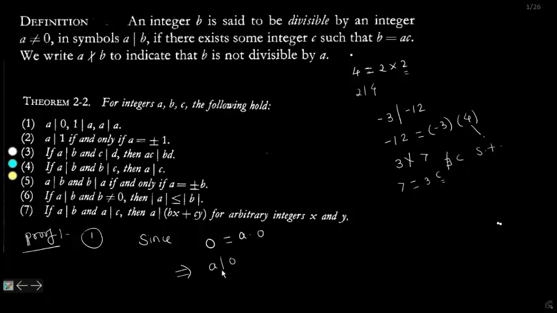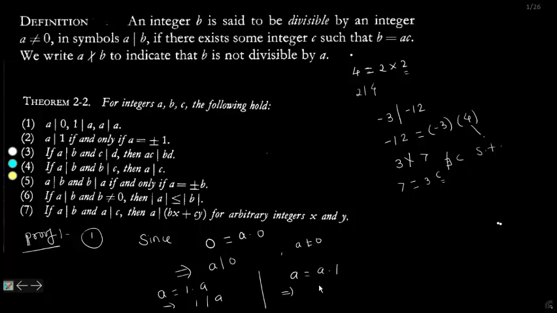Here a is not equal to 0. And again we can write a equal to 1 into a. Therefore this implies that 1 divides a. And also a equal to 1 into a, or we may write a equal to a into 1.